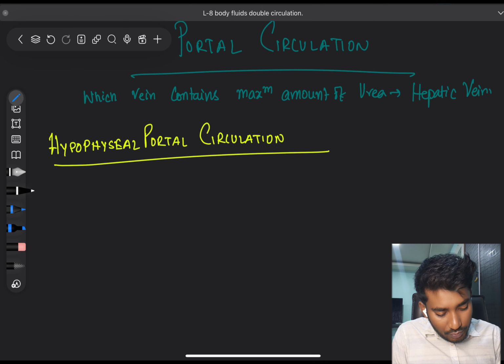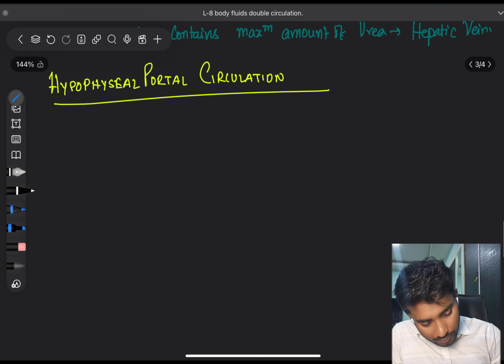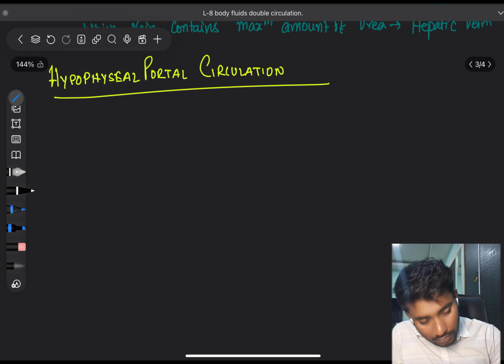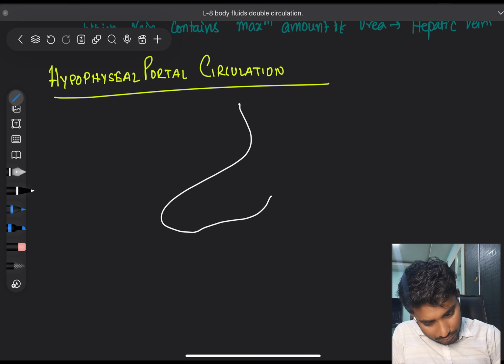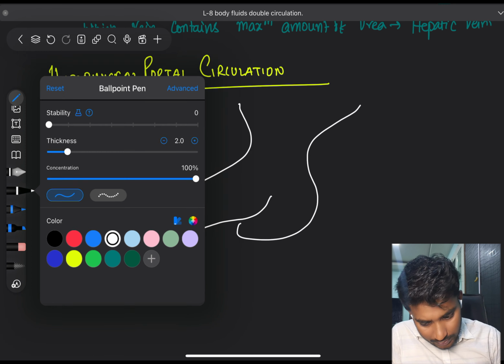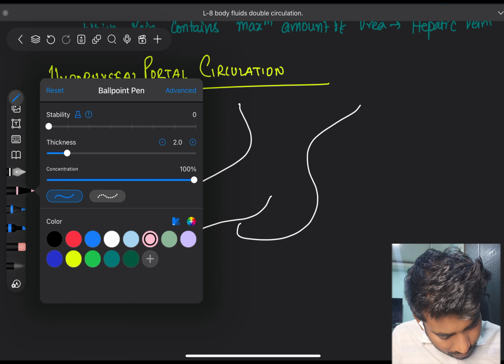So what is the hypophyseal portal circulation? Let me draw it first.